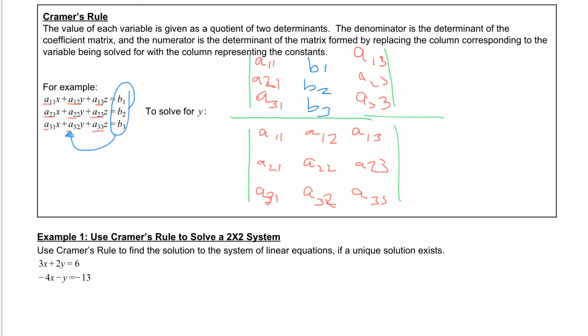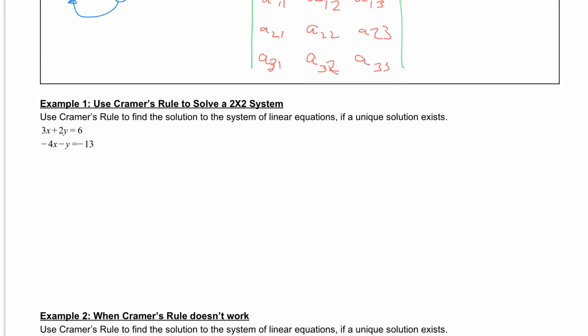And what we're going to do in example 1 is we'll go ahead and use this process to find our solutions. So example 1 says, use Cramer's rule to find the solution to the system of linear equations if a unique solution exists. So if I set up this 2 by 2 and I want to find x, we're going to say x equals, now the bottom is our determinant of our coefficients, so 3, 2, -4, and -1.